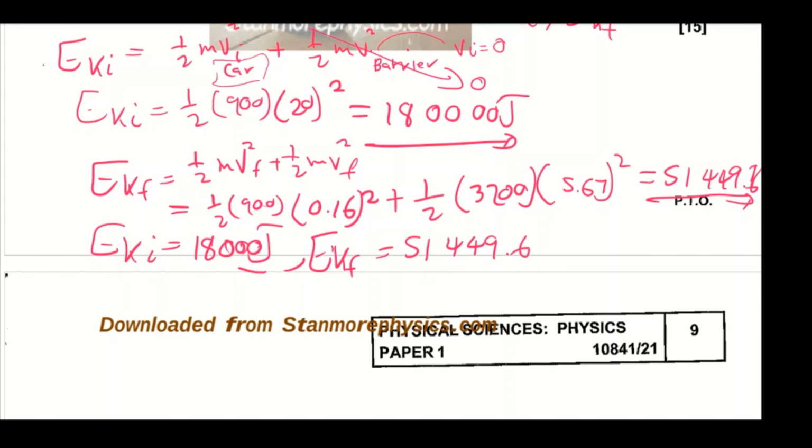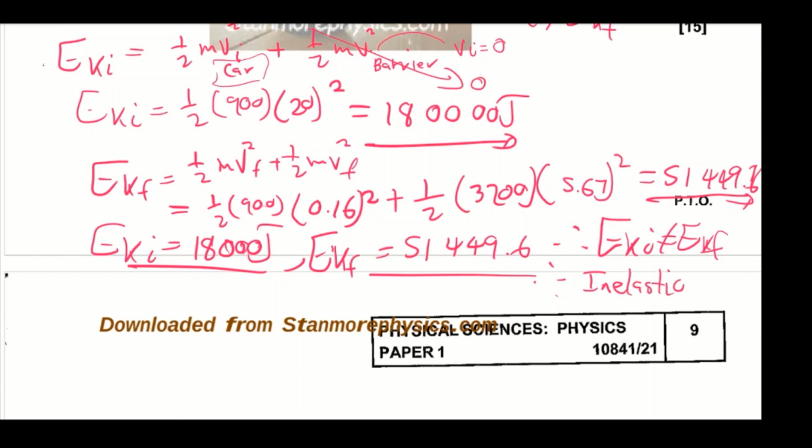So the initial kinetic energy is not the same as the final kinetic energy, so therefore we can conclude and say EK initial is not equal to EK final. So this now means that the system is an inelastic collision.